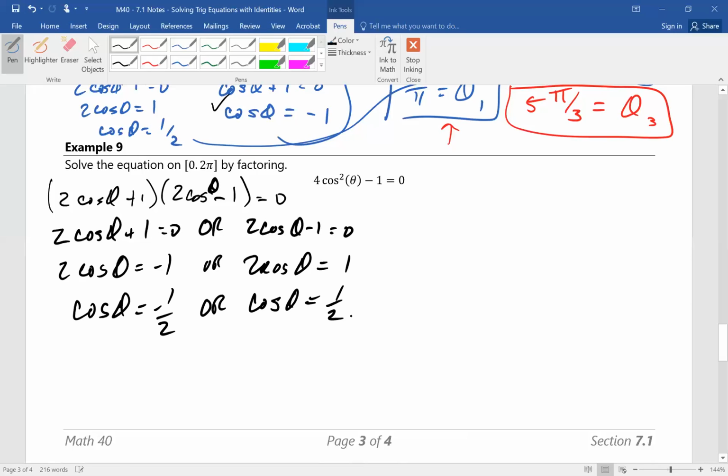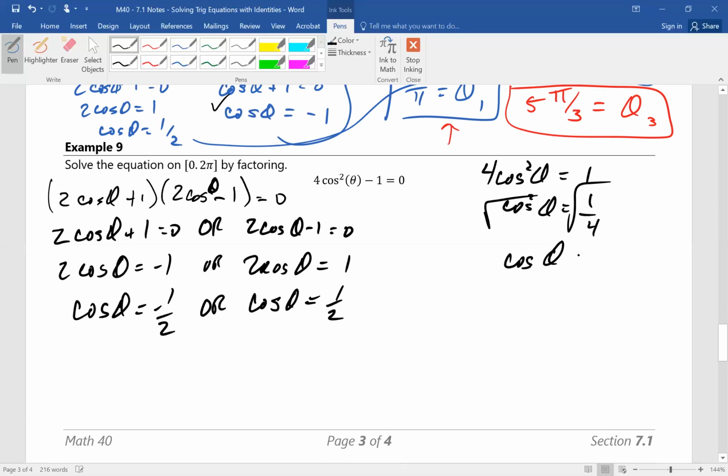Now, that's again the point where I need to start using inverses. You could have alternatively done it another way, which is almost easier. Move that one over, divide both sides by 4, and then square root both sides.